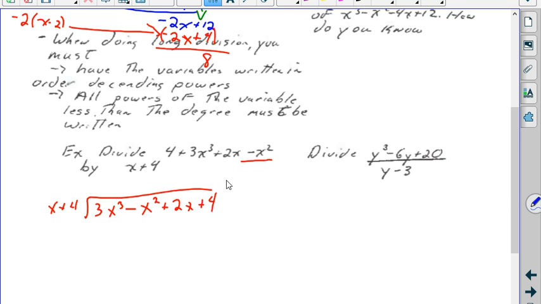So, again, the process. What times x gets you to 3x cubed? Well, that would be 3x squared. So, underneath that, I'm going to multiply 3x squared by x plus 4, and I'm going to subtract what I have in blue.